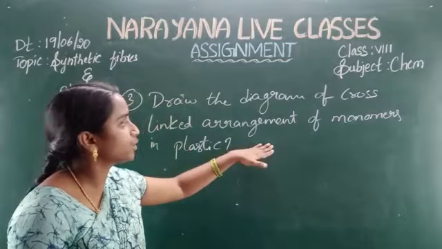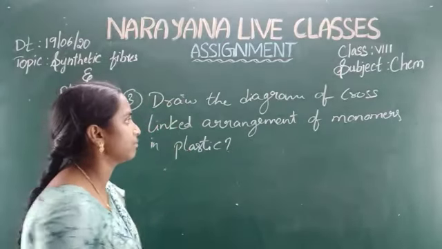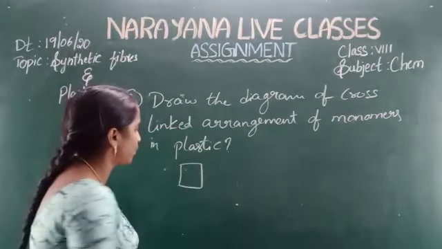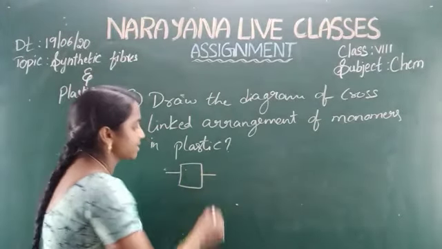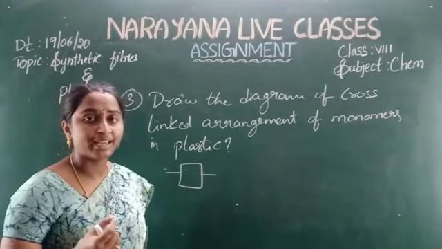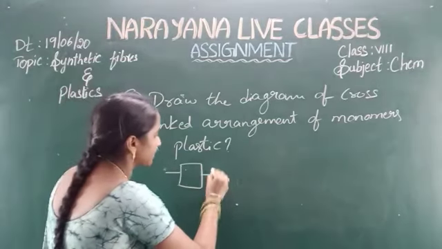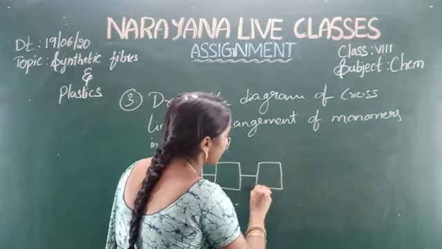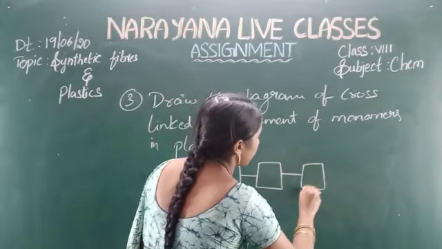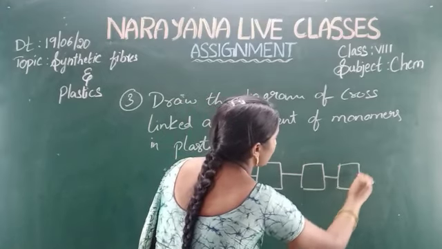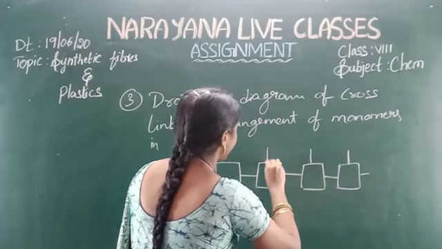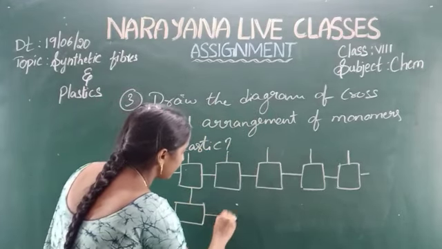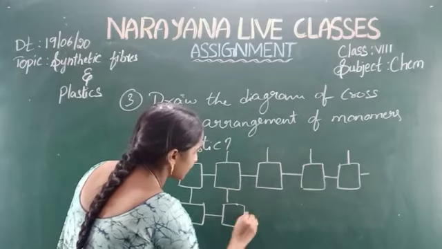Here, they are asking to draw the cross-linked polymer arrangement of the monomers. Let us take this as a monomer. Already I said monomer is a single unit, a part. Like this, a number of monomers are there. Here, these monomers are not only arranged in one direction, they can be arranged in different directions like this.